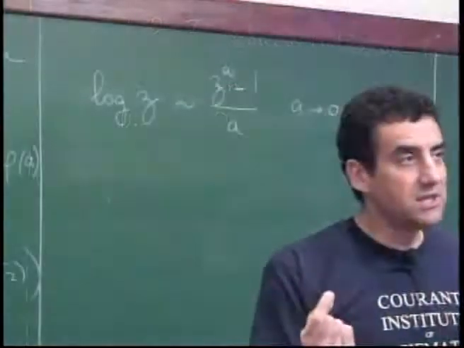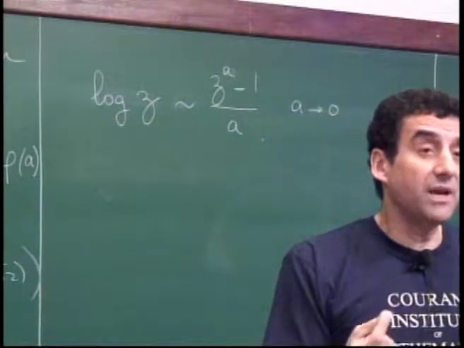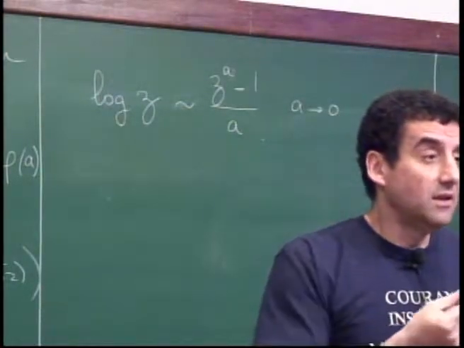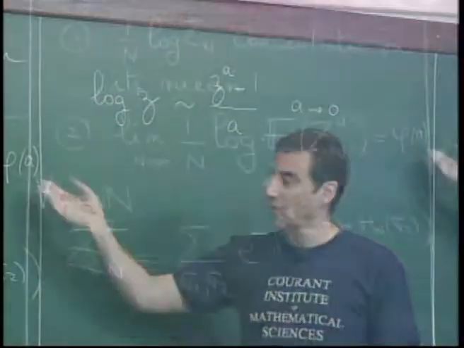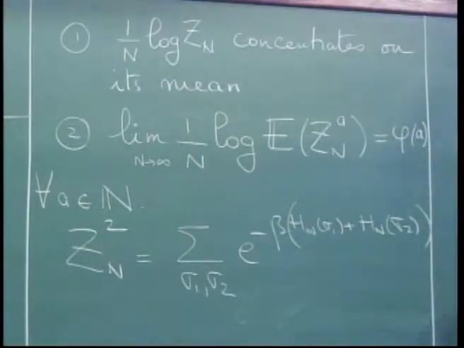The replica trick consists in finding a way to extend the formula you get here for a integer to a real number. This takes a lot of ingenuity. And once you've done that, this analytic continuation from integers, you let a go to 0, and you hope that the limit will give you the right behavior.